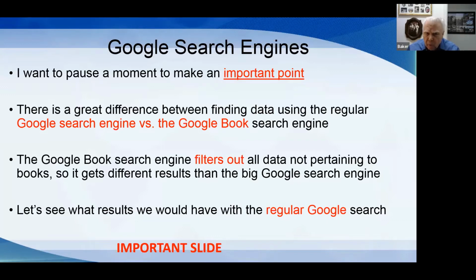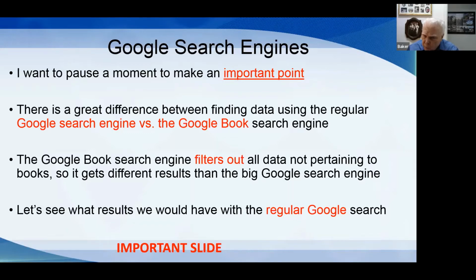Now, before we go further, I do want to pause and make a really important point. There is a great difference between finding data with the regular big, huge Google search engine versus these other subordinate kind of Google search engines.